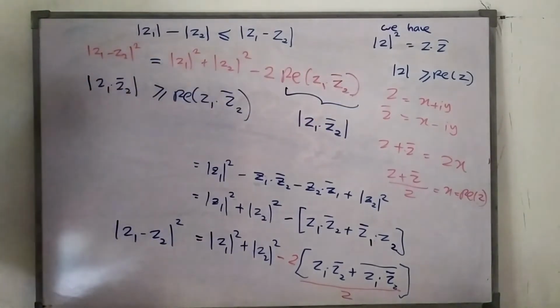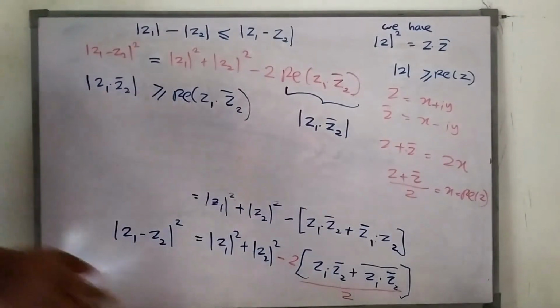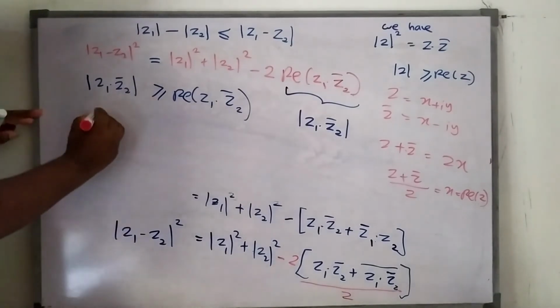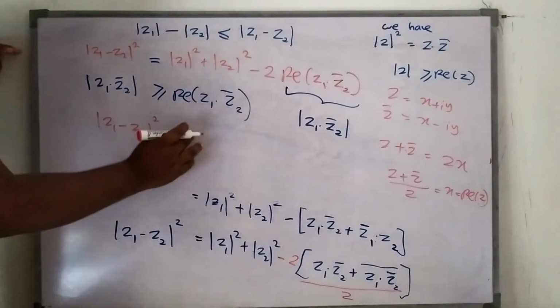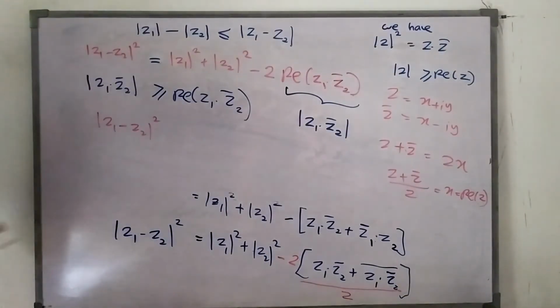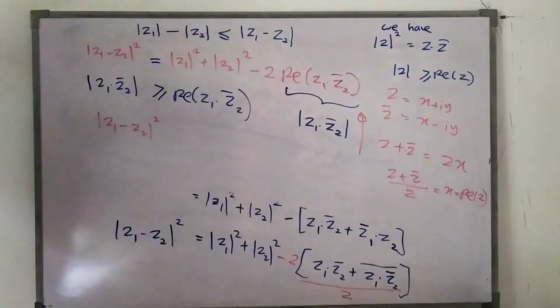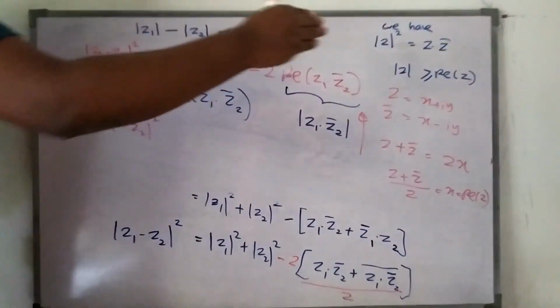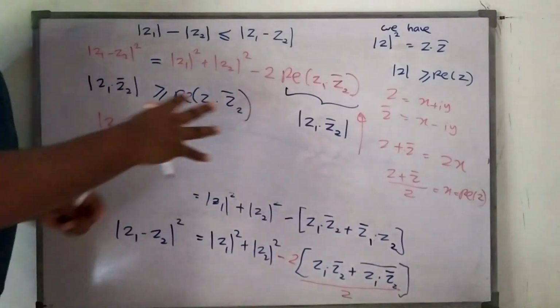Then the right hand side is getting larger. Something deducted means this whole thing will be smaller than the previous one.